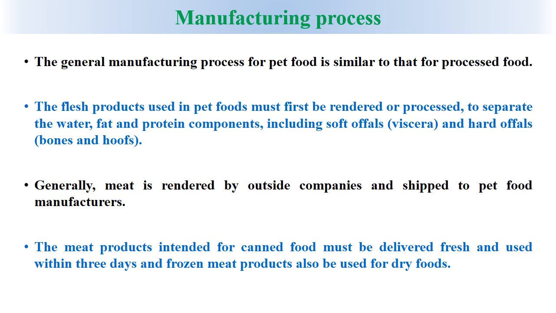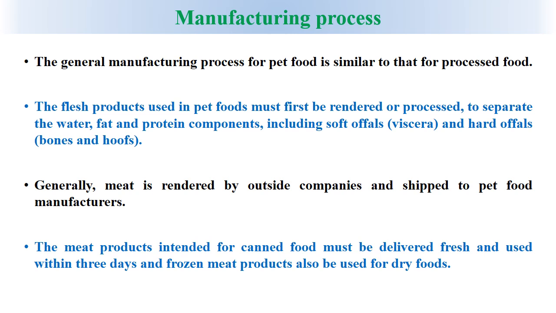Now we will discuss the detailed manufacturing process of pet food separately for extrusion methods and canning methods, but the general manufacturing process for pet food is similar to that for processed food. We have discussed several lectures on meat processing or dairy product processing. Some of the basic steps or considerations are the same.